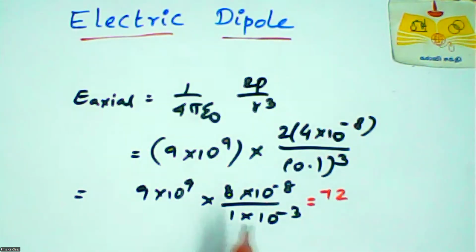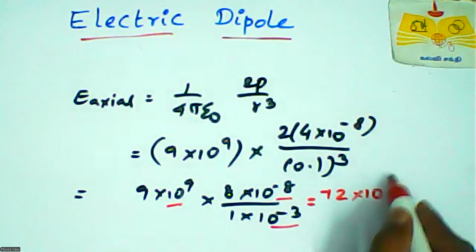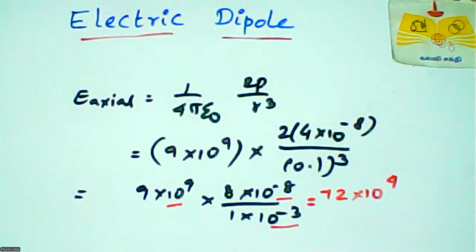And for the power of 10: 10 power minus 3 goes up and becomes 10 power plus 3, then 10 power 9 gives 10 power 12, and 10 power minus 8 gives 10 power 4. So 72 into 10 power 4.